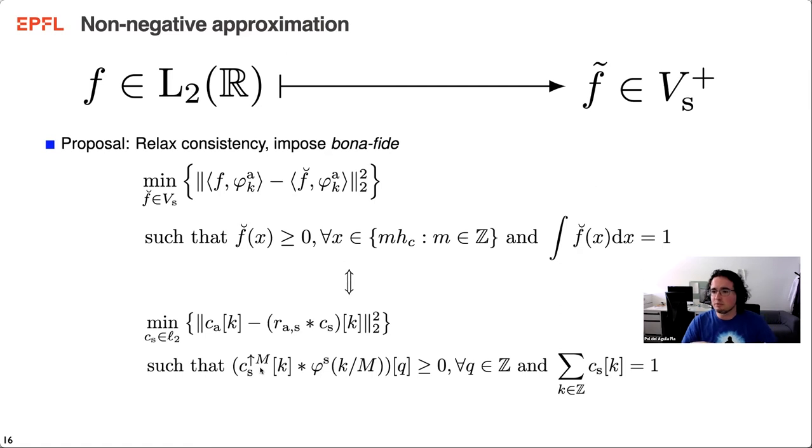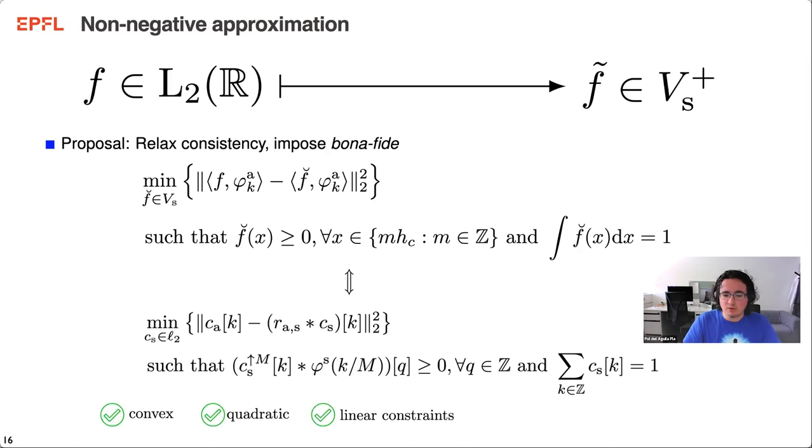This factor m is the ratio between h and hc. And we simply need to sample the basis functions also more thinly. Then we can solve this problem because it's convex: it's a quadratic cost function with linear constraints. And of course, in the case of density estimation, we will always have a finite amount of data, so everything will be finitely supported, and therefore the problem will be finite dimensional.